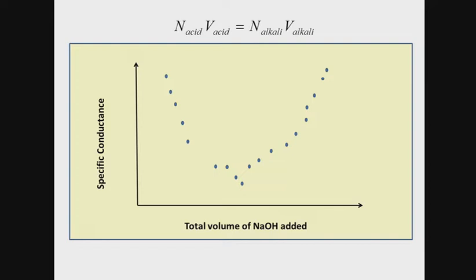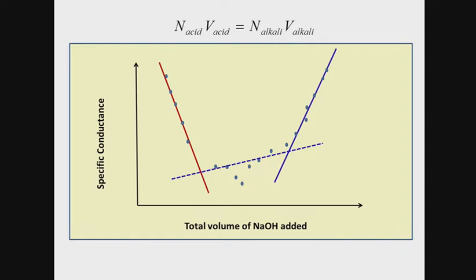This way, we go on adding small amounts of sodium hydroxide to the oxalic acid solution, and this is typically what the measured values would look like. Then your task is to draw best fit straight lines through the 3 different segments of your experimental data.